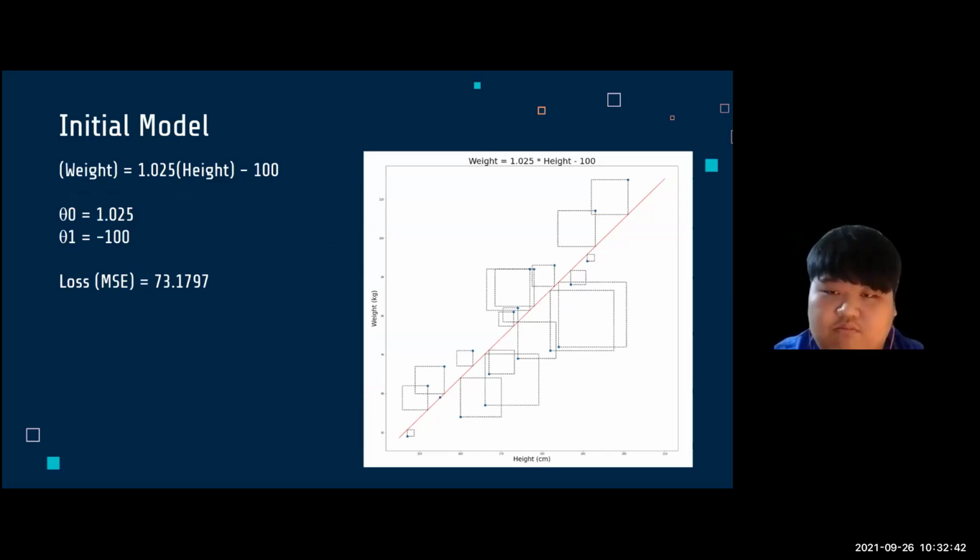And the loss, the mean squared error, which was the sum of all areas of the squares divided by the number of data points, is equal to 73.1797 here.